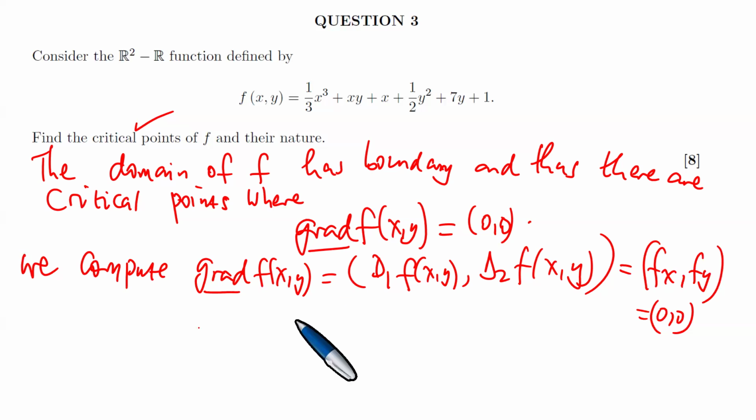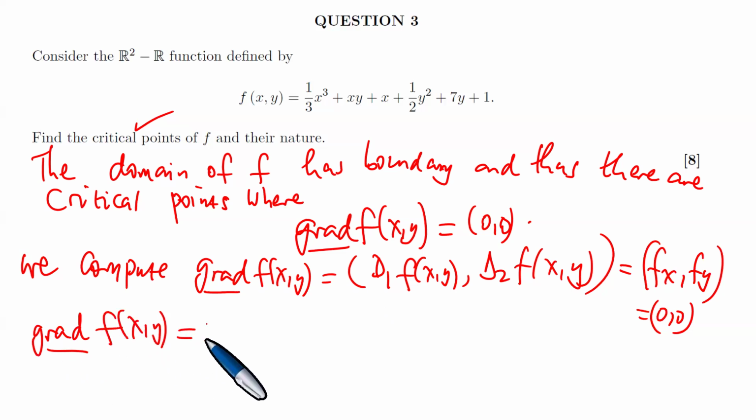Now the gradient of f of x and y is the derivative with respect to x of the function. So what do we get here? If you have 1/3 x cubed, its derivative becomes x squared. This one with respect to x is y. With respect to x, it's a 1. With respect to x, 0, 0, 0.